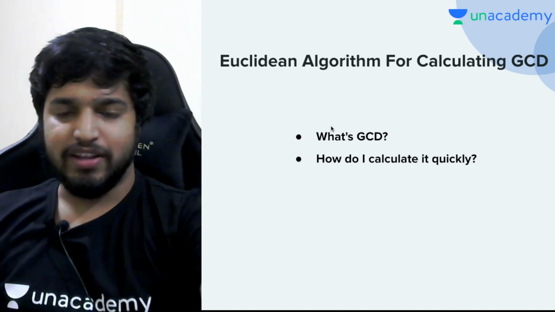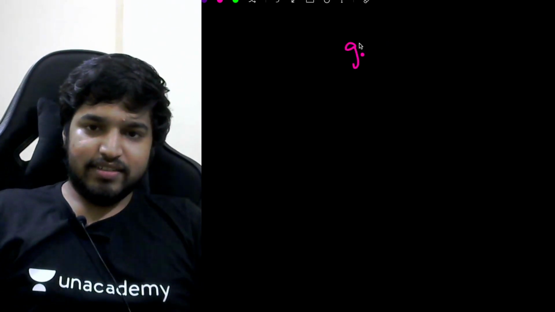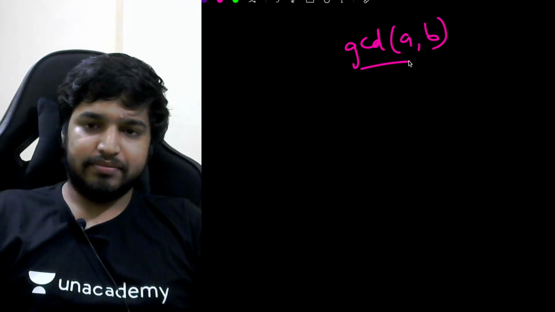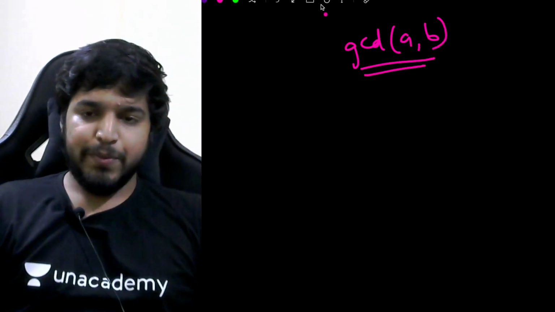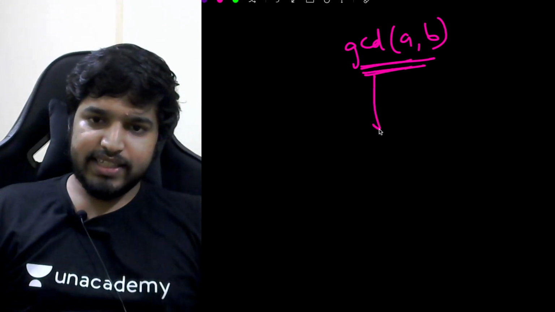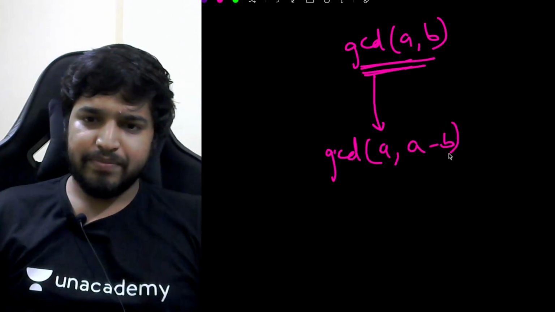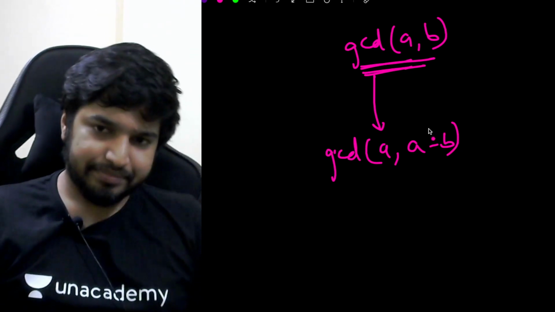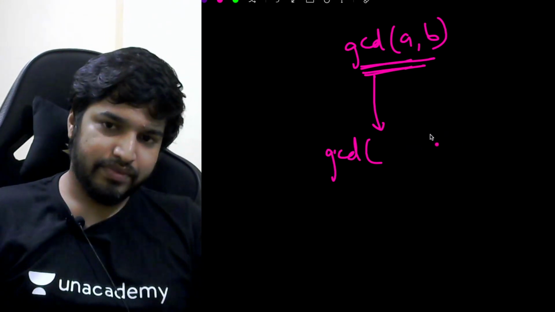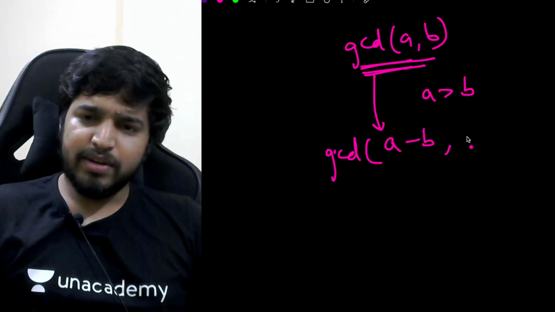GCD of A and B is the same as GCD of A, A minus B. Or alternatively, assuming A is greater than B, this is the same as GCD of A minus B, B.